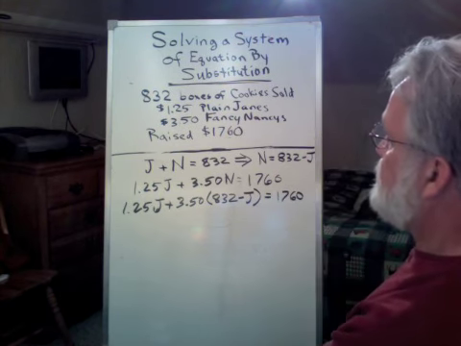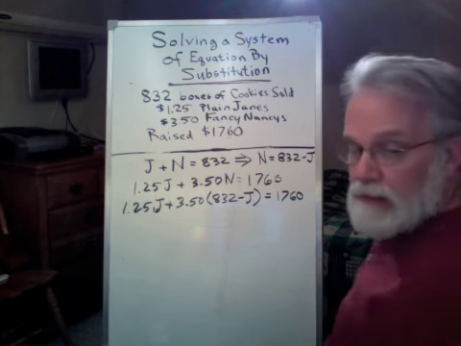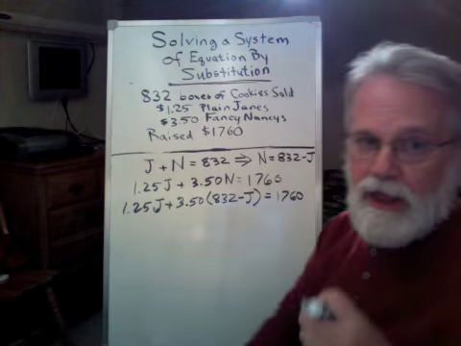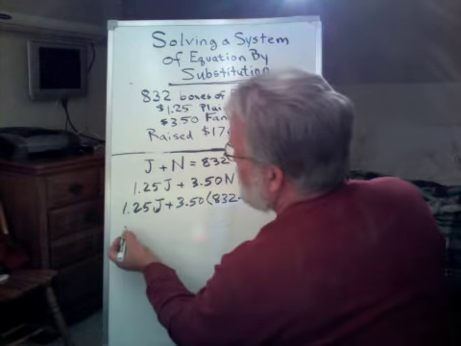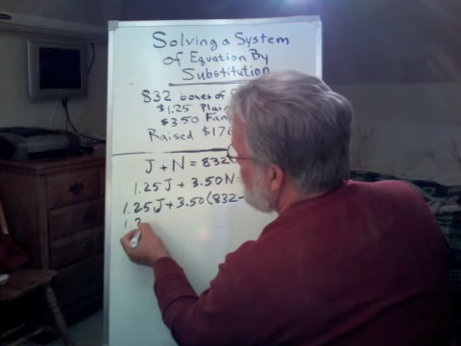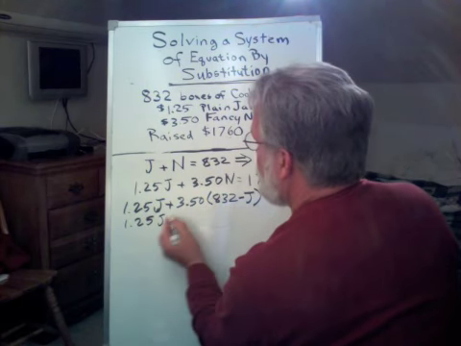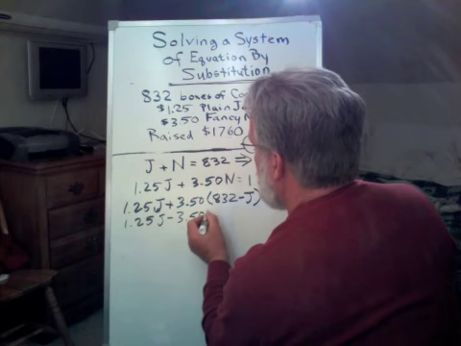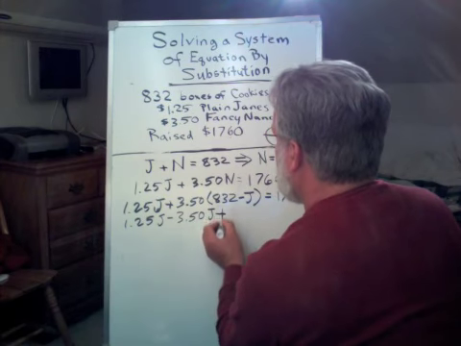Great. So now I'm going to use distribution. Well, I'm going to use my handy dandy calculator because I can't do that in my head. I do know this much. I have 1.25J minus 3.50J plus, what have I got?